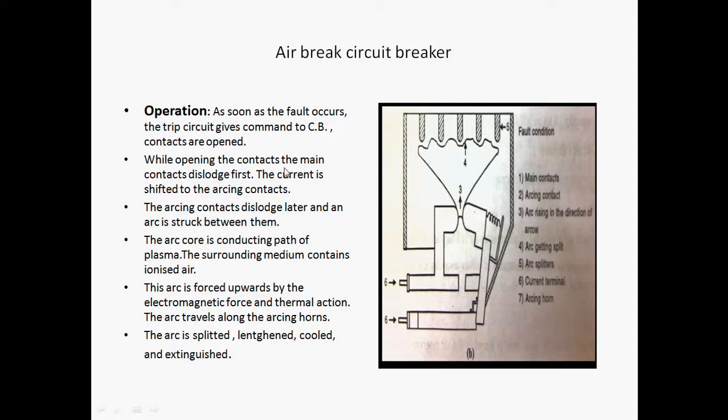While opening the contacts, the main contacts dislodge first and the arcing contacts dislodge later. The current is shifted to the arcing contacts. When this path is open, the total current is shifted to these arcing contacts.